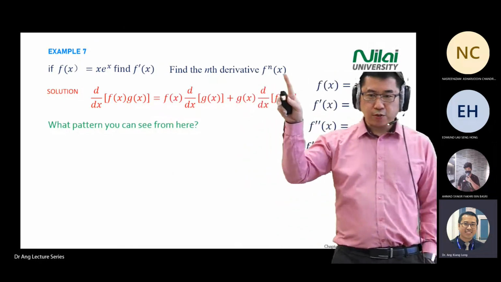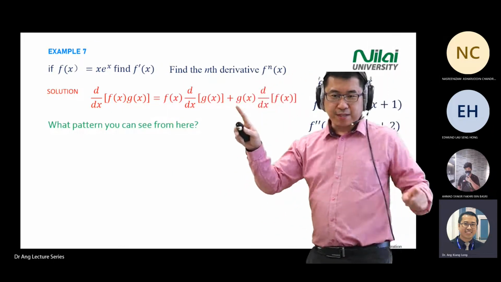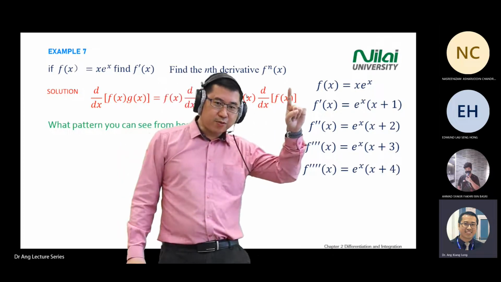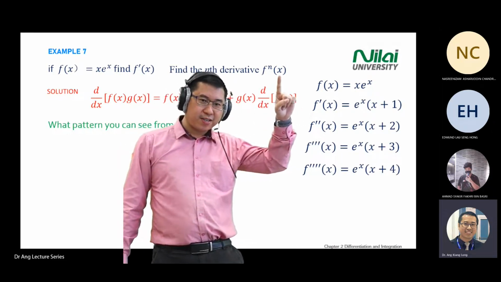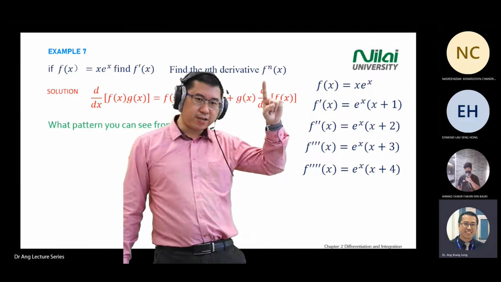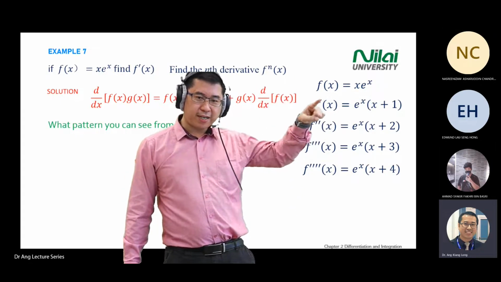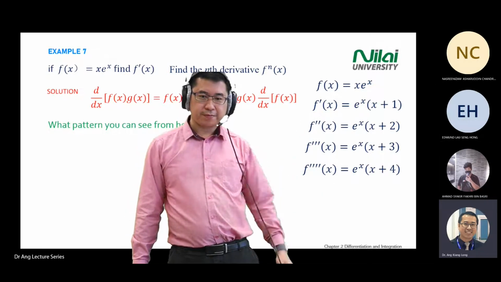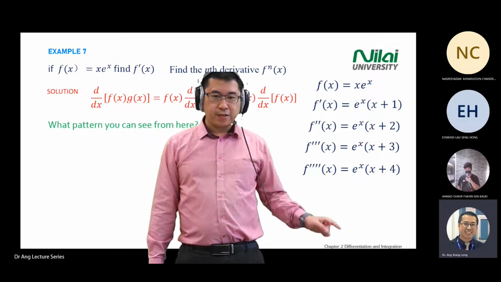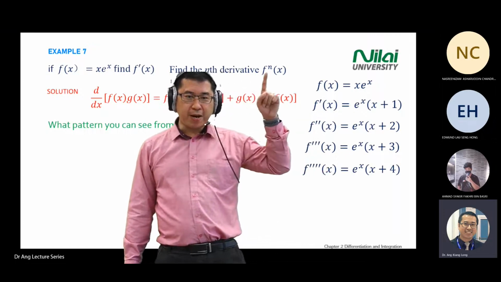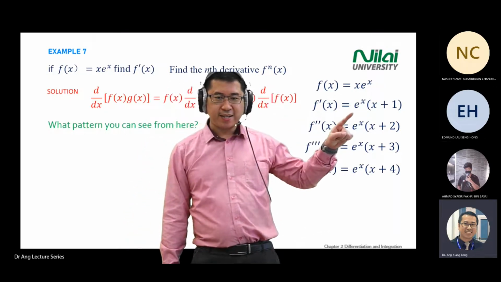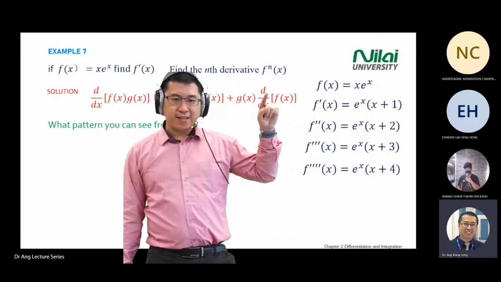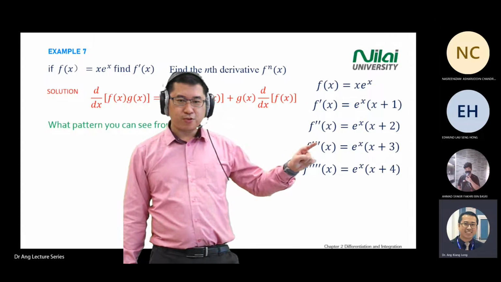If the question asks you to find the general function by looking at these 4 equations here, so f power n x equal what? Nizam, can you tell the answer? By looking at these 4 equations, 1, 2, 3, 4.